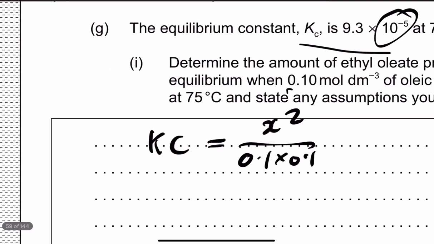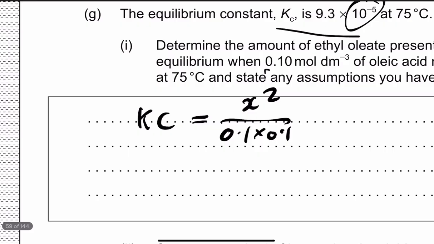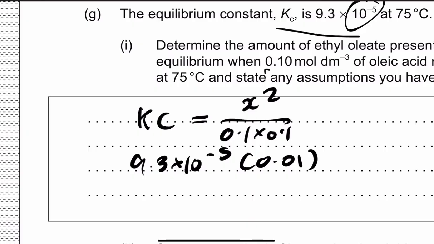So what do we do now? We know the Kc already, 9.3 times 10 to the minus 5. We can move the 0.1 times 0.1, which gives us 0.01. Then we have x squared, so we can just square root all of this.